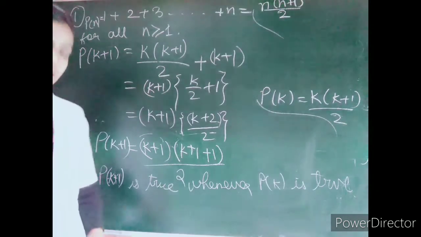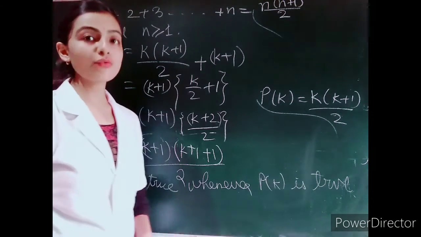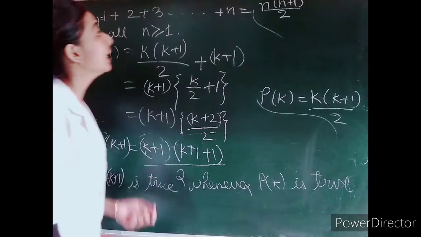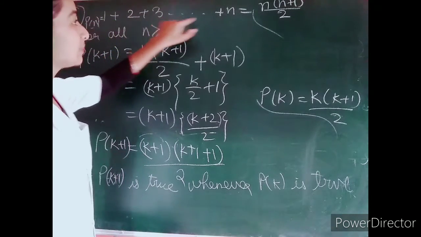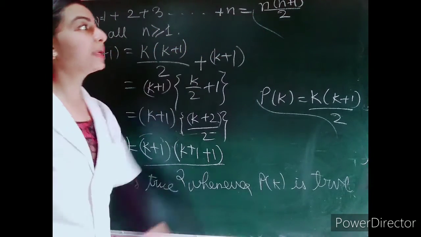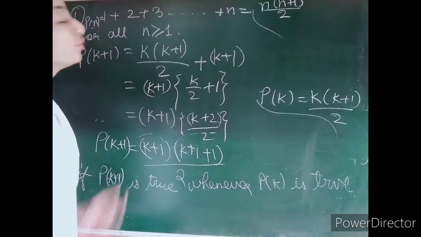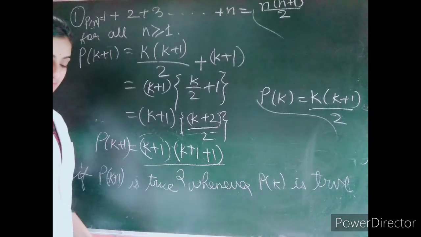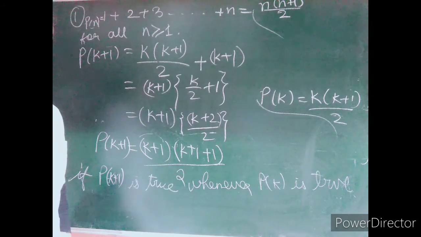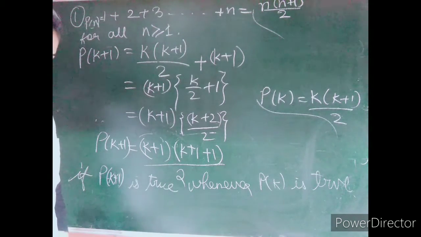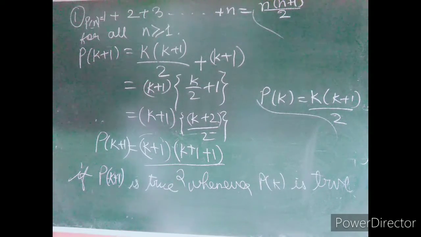After this we can write, hence by the principle of mathematical induction, it is true that Pn is equal to 1 plus 2 plus 3 up to n is equal to n into n plus 1 upon 2 for all natural numbers greater than 1. This is our first example. Now we will see another.